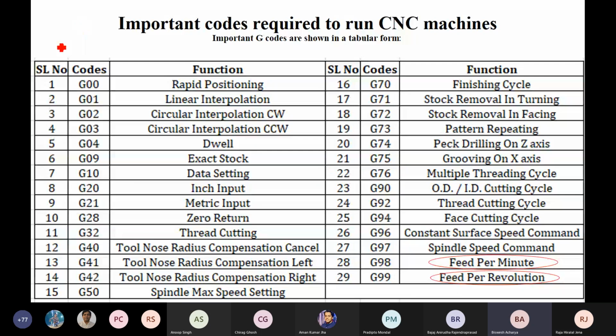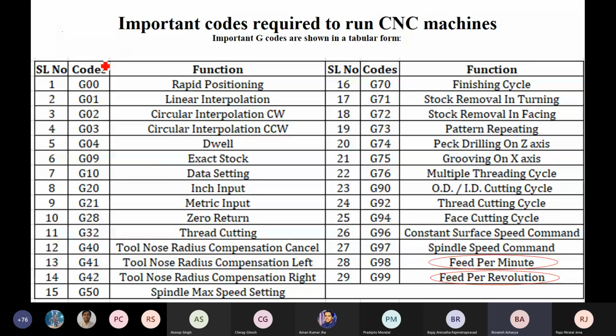Sir, in G28, the zero return means we are defining the reference point or what? Actually, I will tell this G28 while we discuss the program. It will be more clear, so just wait for that.